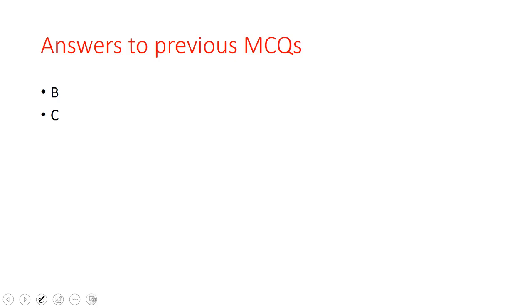So these are the answers to the previous MCQs, and there was one question from a student asking, should we use beta blockers for stable angina only or unstable? Because at the end I have provided beta blockers for unstable too.